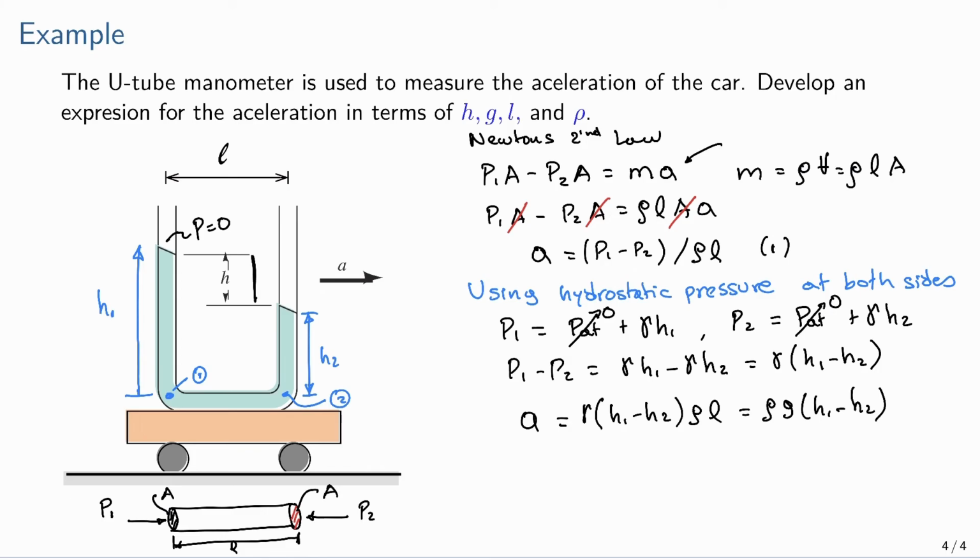This is H1 minus H2, and divided by rho L.